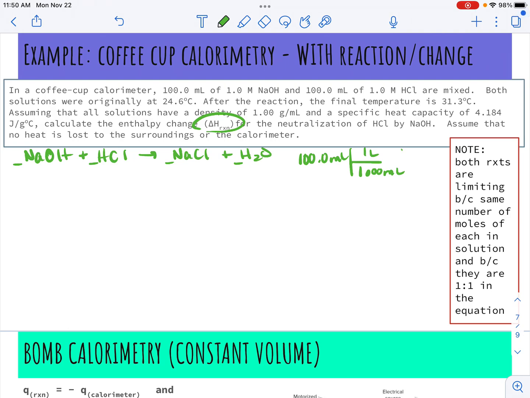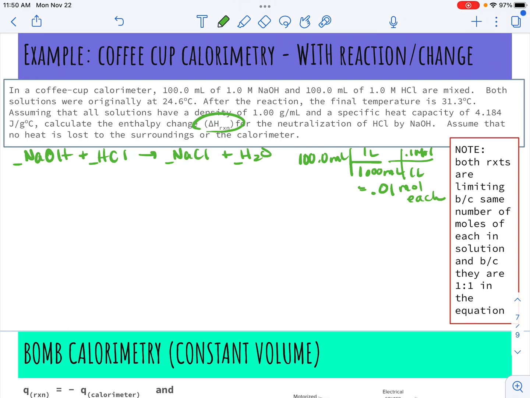And then the molarity was 0.1 molar, so this is 0.1 moles per liter. I think I did my math wrong. Let me just double check this. 100 divided by 1,000 times 0.1 is 0.01 moles.